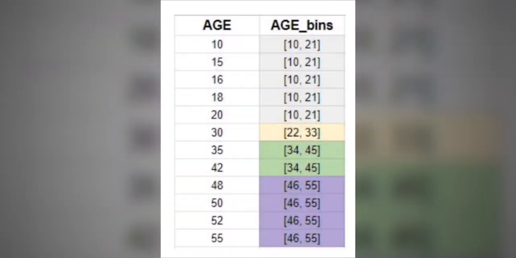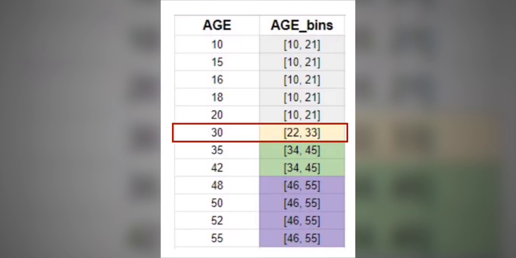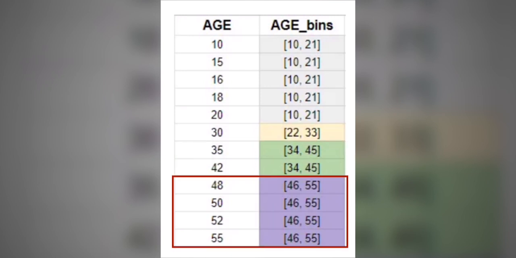After calculating all ranges, the result of our categorization will be as follows. From the photo, we can understand that we have 5 values in the first bin, only 1 in the second, 2 in the third, and 4 in the fourth.